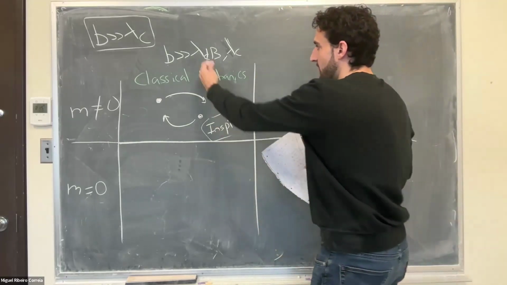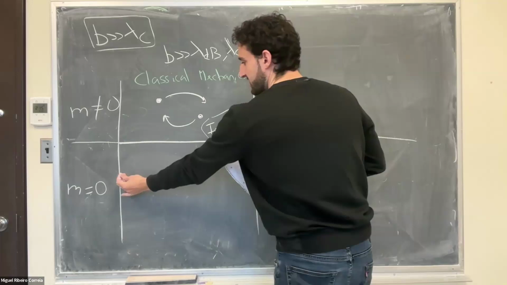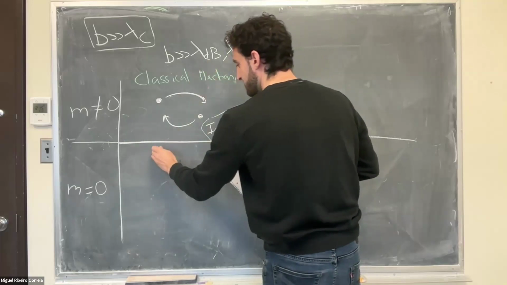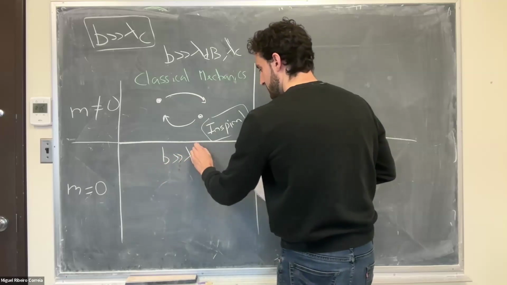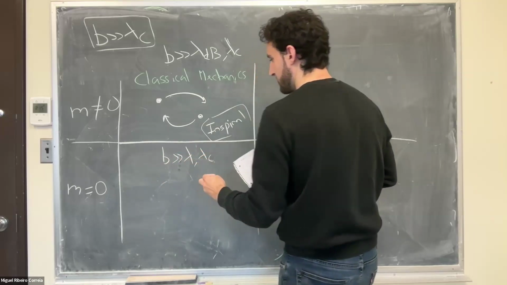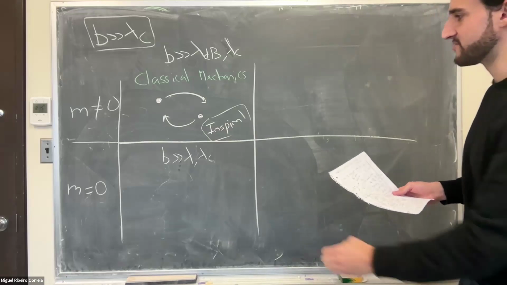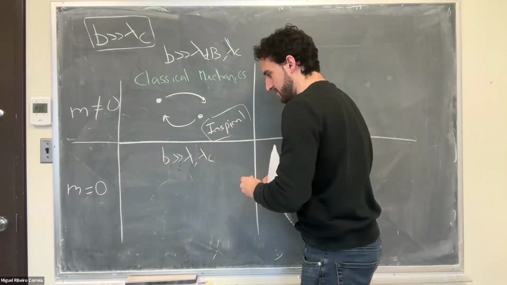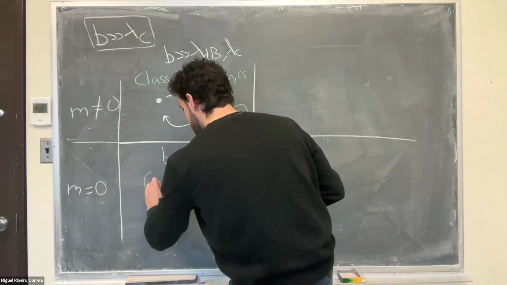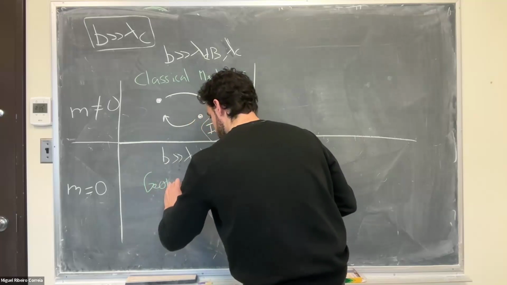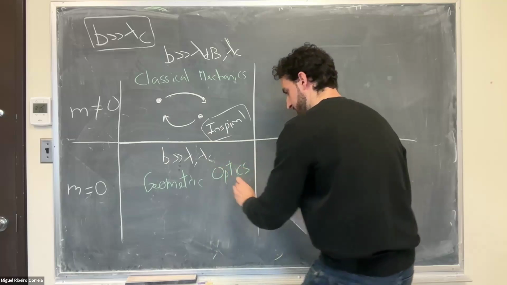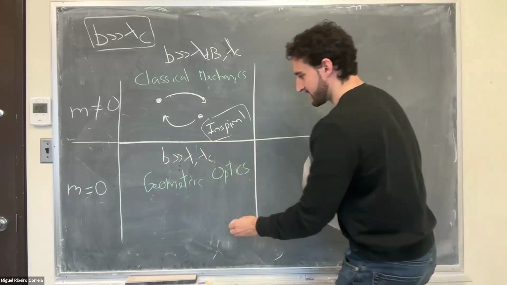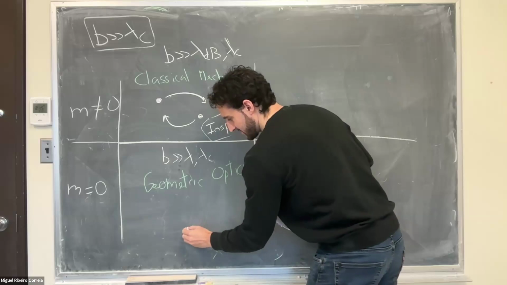Now, in the case of massless, this lambda is just the wavelength of the massless wave. In this regime, this is what people typically call geometric optics, and this would, for example, describe the bending of light around the sun.